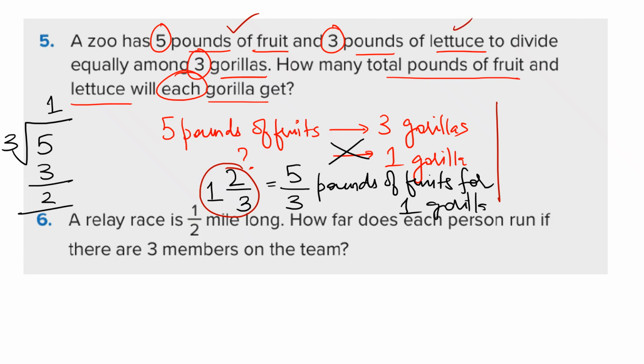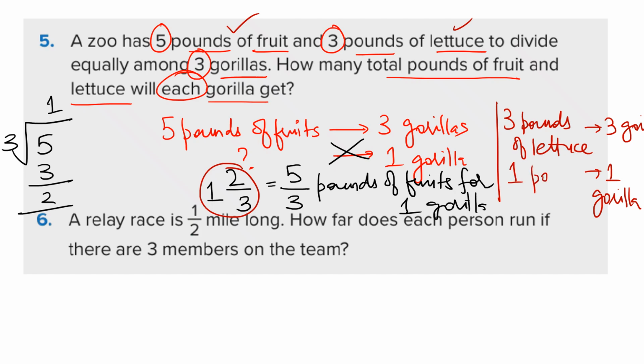Let's do it for lettuce. So 3 pounds of lettuce for 3 gorillas. So for one gorilla, obviously you divide by 3. So for one gorilla, it will be 1 pound of lettuce. Okay, that's how you do it.